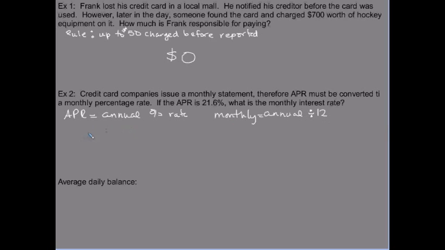So our monthly is going to be 21.6% divided by 12, which is going to give us a monthly percentage rate of 1.8% per month.